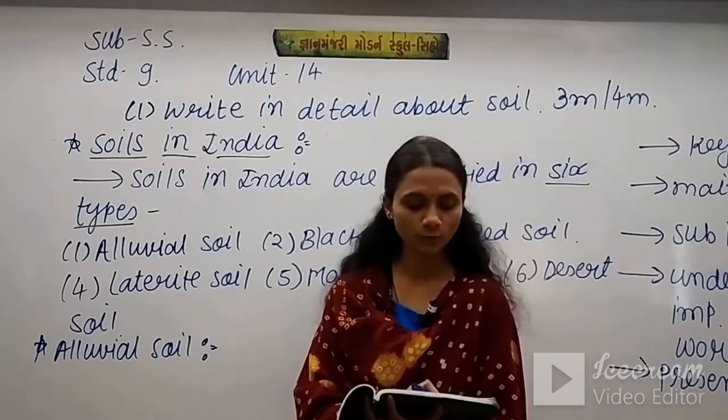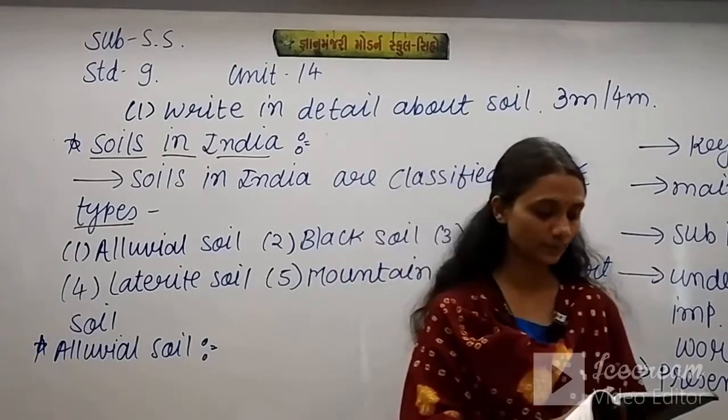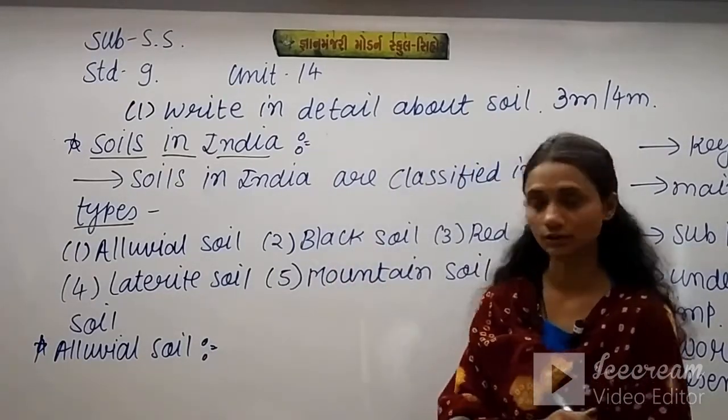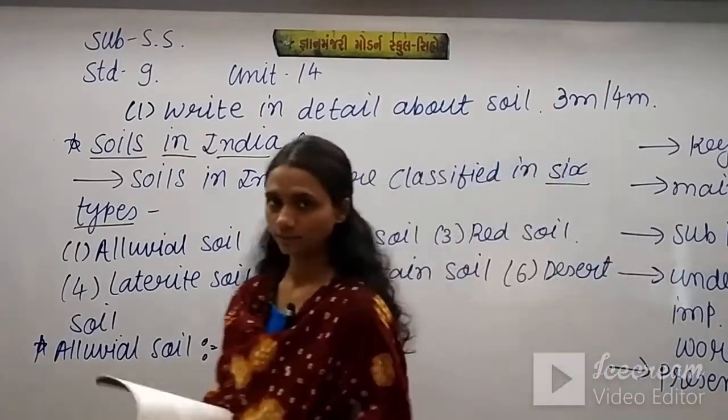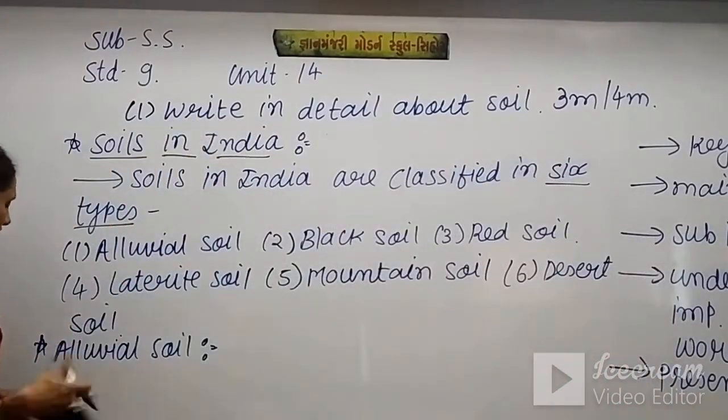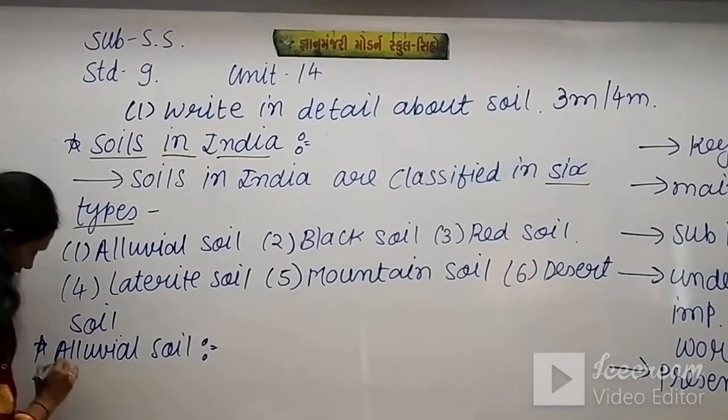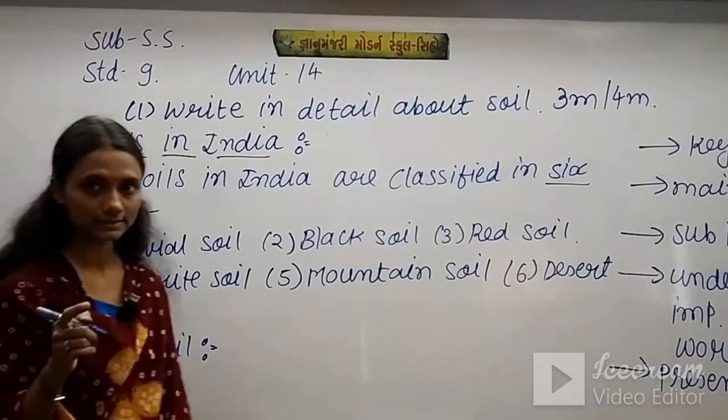Alluvial soil can be divided into 2 parts, that is Khadar and Bangar. The soil formed due to the fresh alluvial deposit is known as Khadar soil. So that is the first point. You have to make points in SS subject.